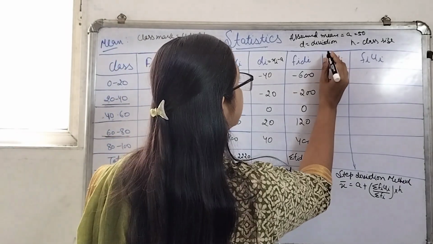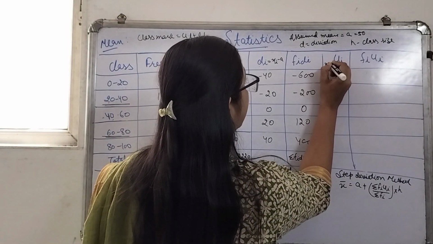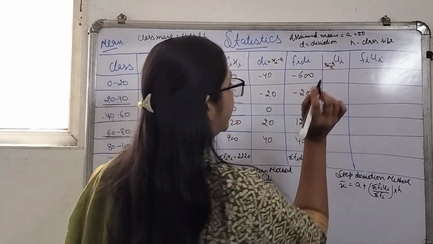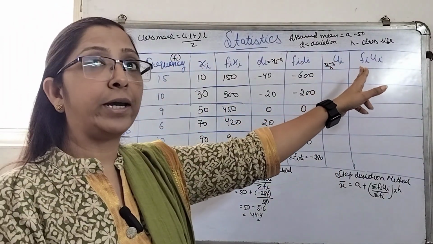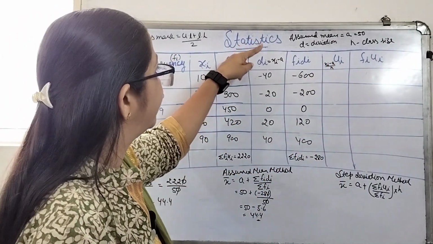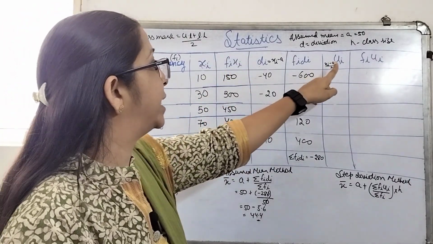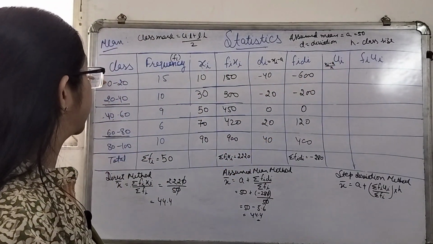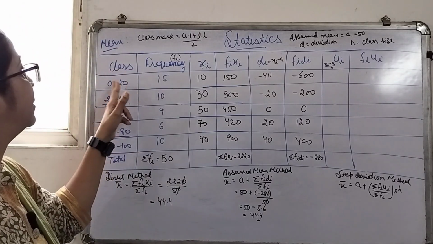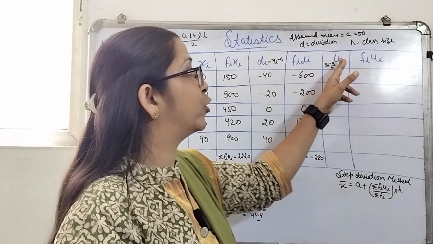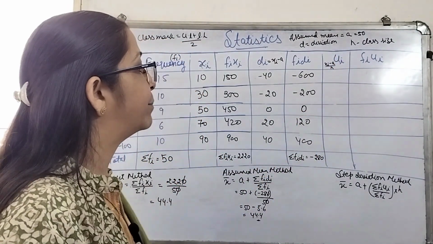So ui is xi minus a, that is di, divided by h. xi minus a we have already calculated as di. Now we divide it by h, the class size, which is upper limit minus lower limit. Then we get the value of ui, that is your step deviation.